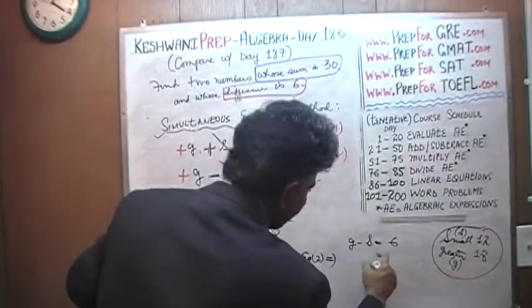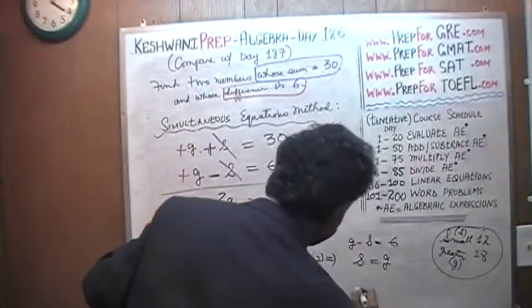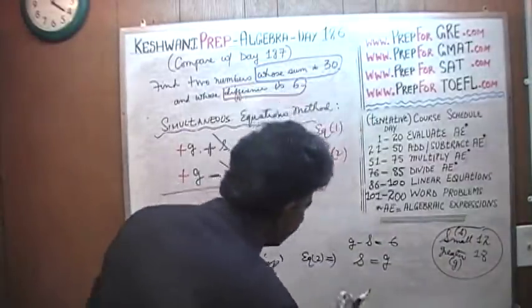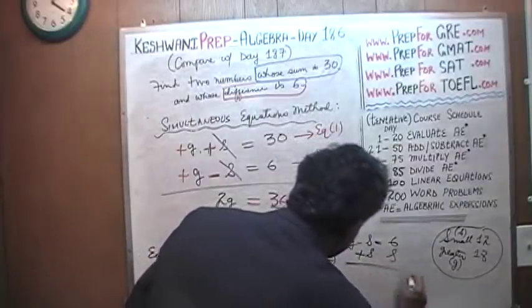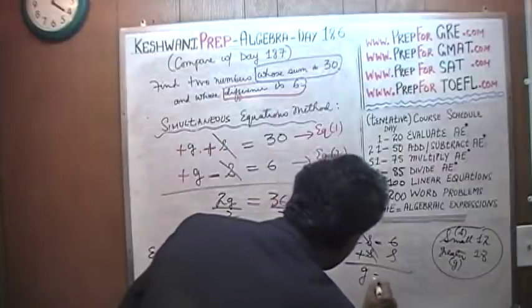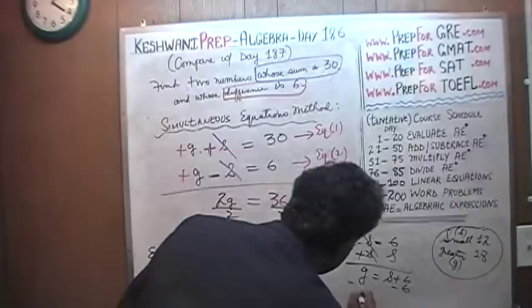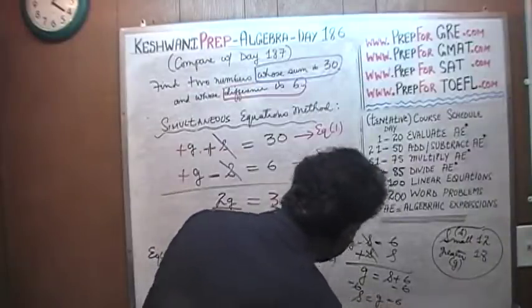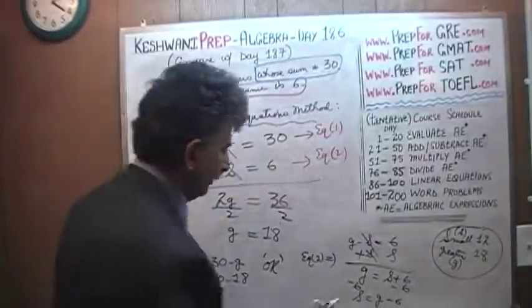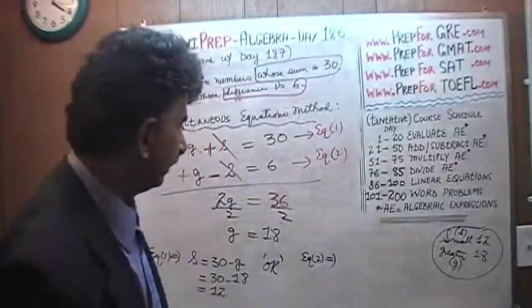I'll do it slowly here. Add s to both sides, and g equals s plus 6. Subtract 6 from both sides, and we end up with s equals g minus 6. I'm not going to show all the steps because it's getting too tedious.